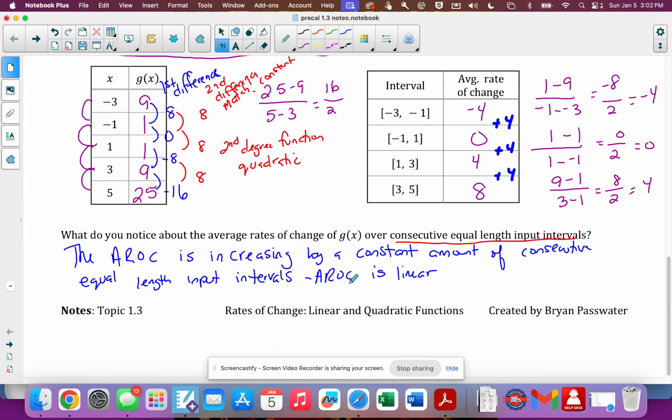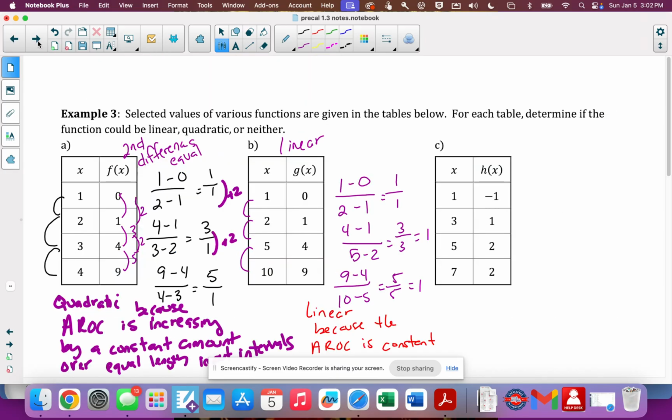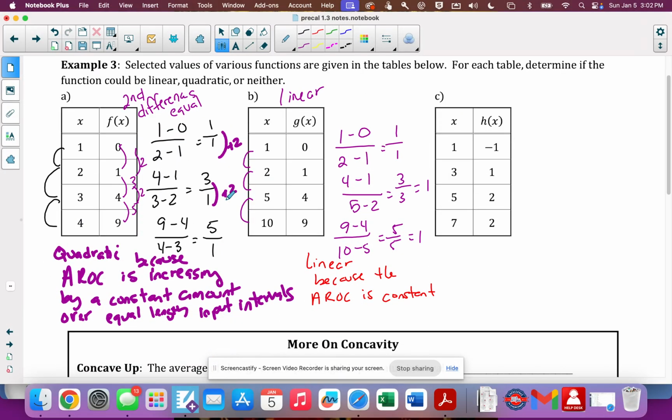There's a difference. Average rate of change constant means it's a linear function. Average rate of change being linear means it's a quadratic function because I'm increasing or decreasing by a constant amount. So we're trying to make sure we keep these separate in our head, write them down, highlight them, however many times you got to write it out. Make sure you're getting that clear.